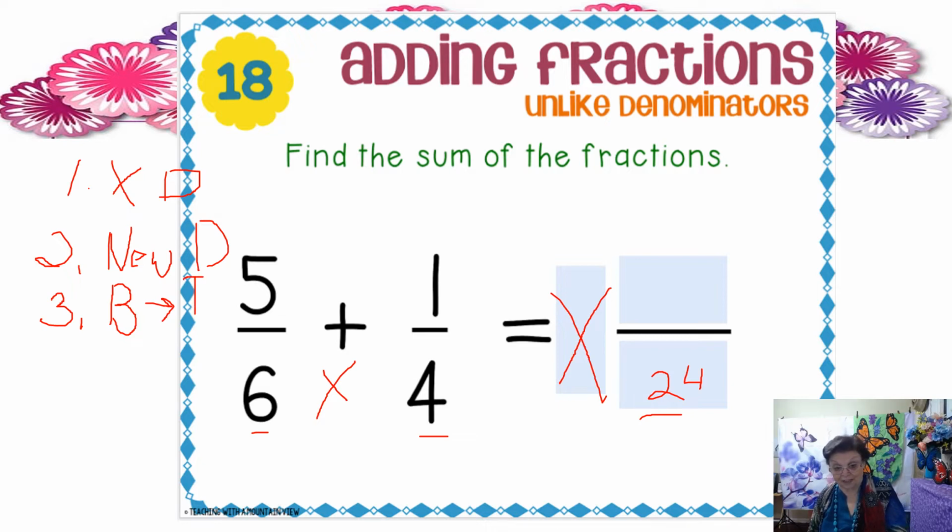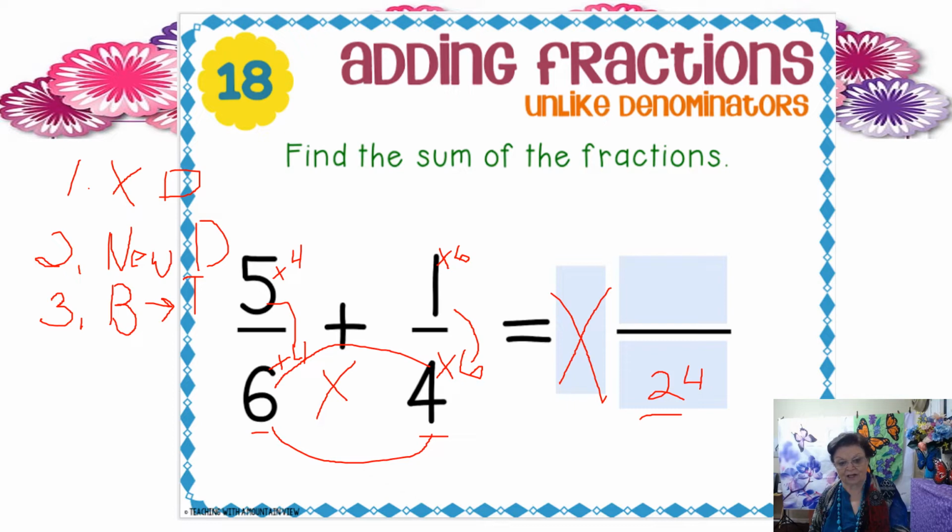We multiplied this 6 times 4. So we did 6 times 4, and it's the same thing as multiplying 4 times 6. Now we have to do that to the top. So we have to multiply 5 times 4, because we did it on the bottom. And over here, we multiplied by 6 on the bottom, so we have to multiply by 6 on the top.